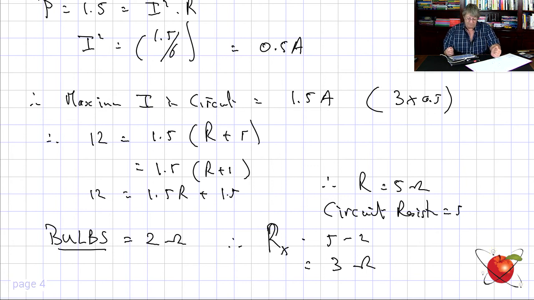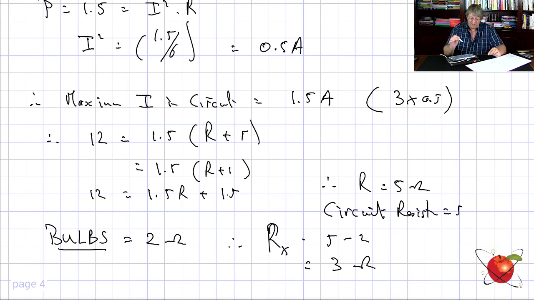So, 2, 3, yes. So we've got our total circuit resistance is going to be 8. Correct? 3, 5, 6. Sorry. Let me just go back here. Silly me. I've done that again. Let's just have a look.